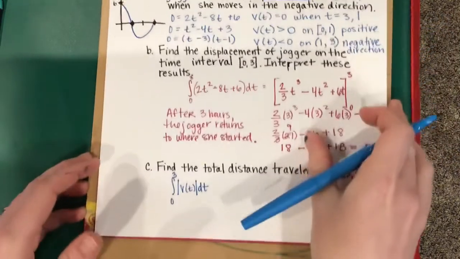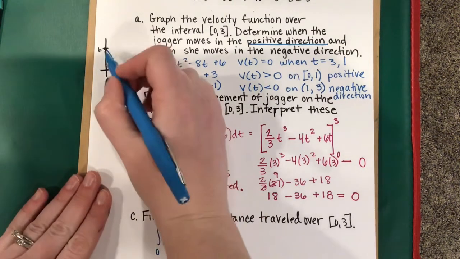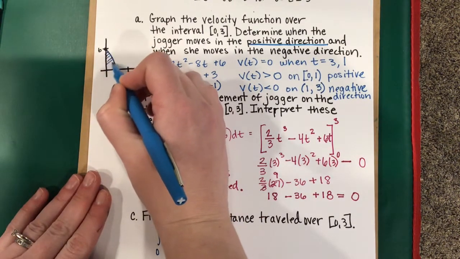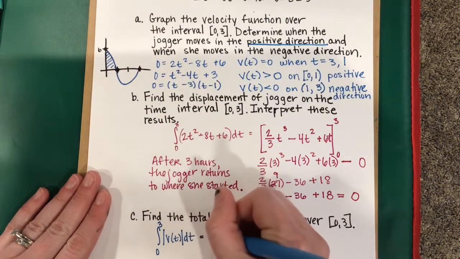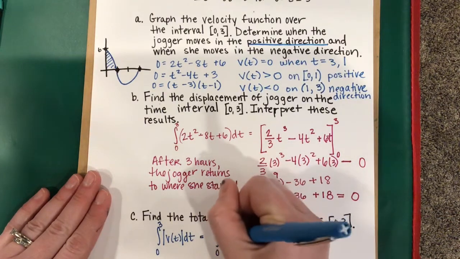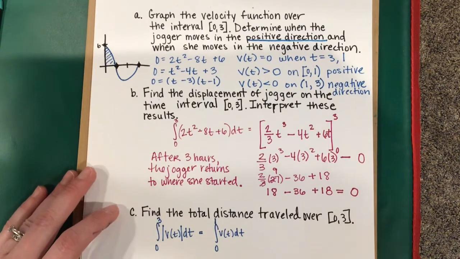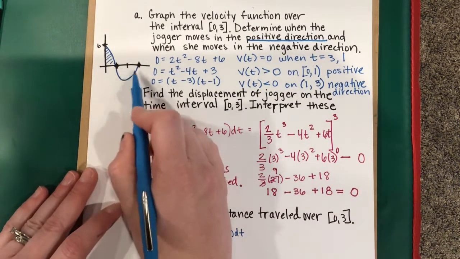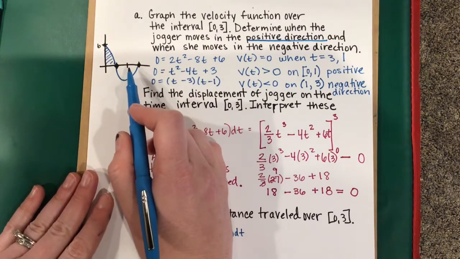But we already know that we've got to be concerned about the signs. So I know, though, from 0 to 1 that that is going to be a positive. So I'm going to be looking for the integral from 0 to 1 of v of t dt. And then I know that this integral is going to end up being negative, but I need it to become positive.